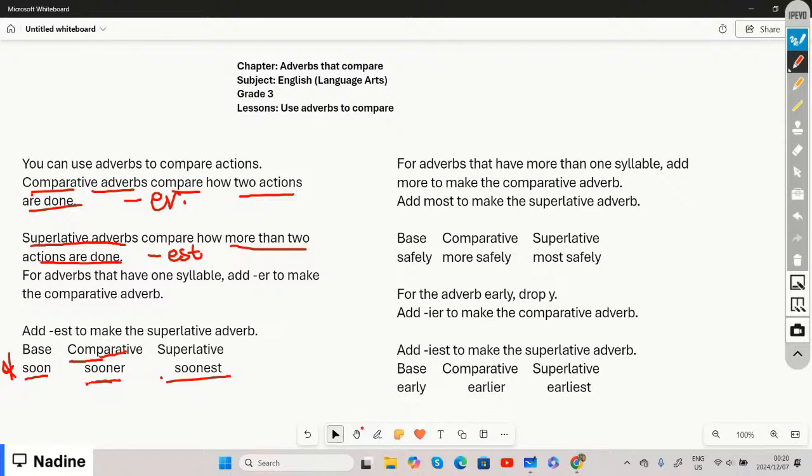All right. So if we look at an example, let me make an example of the base word.